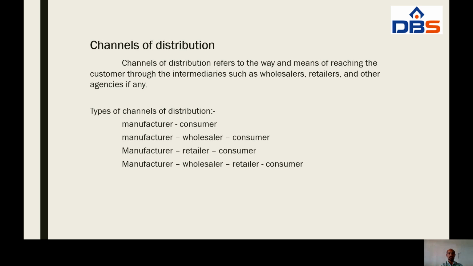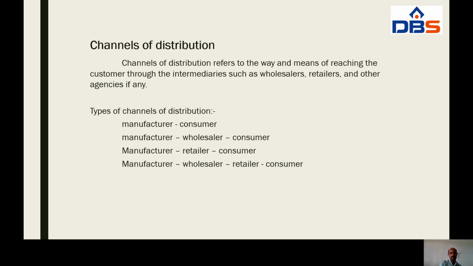A product is manufactured and that product goes to the customer. In the entire process, there are some intermediaries such as wholesalers, maybe retailers, or any agencies acting as intermediaries.